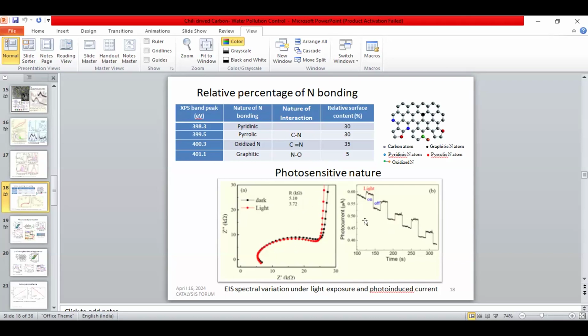The second graph shows something very interesting: photocurrent generation by irradiating this material with light. Switching the light on and off many times, we can see photocurrents of slightly different magnitude being generated. This downtrend is observed, and it might be because of the dynamics of the generated electrons going to the surface or trap states.